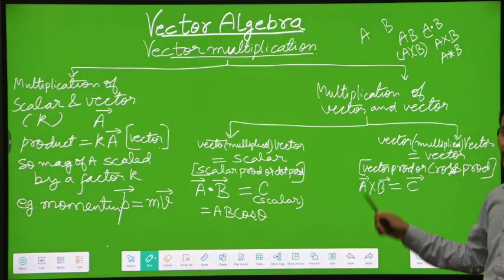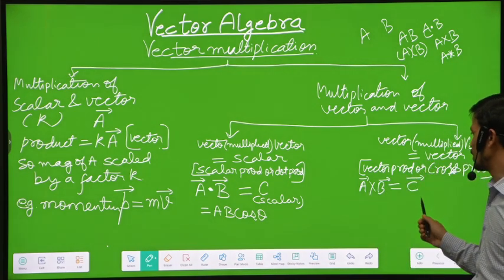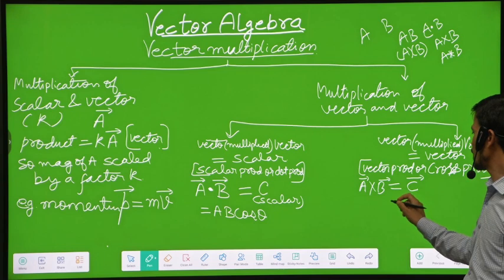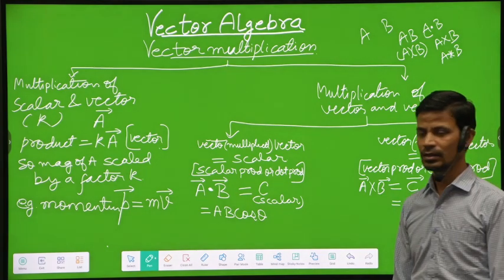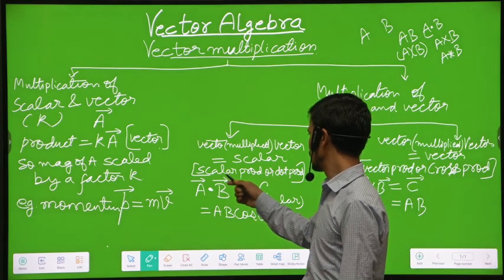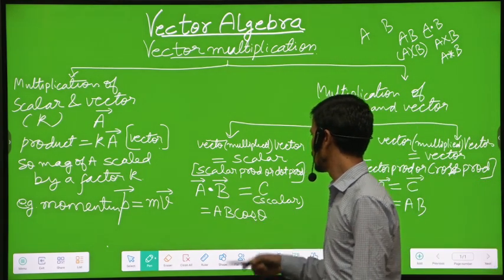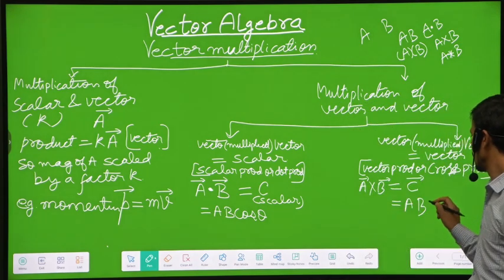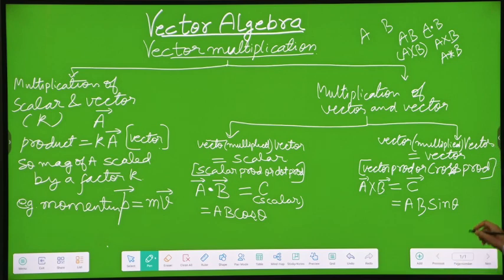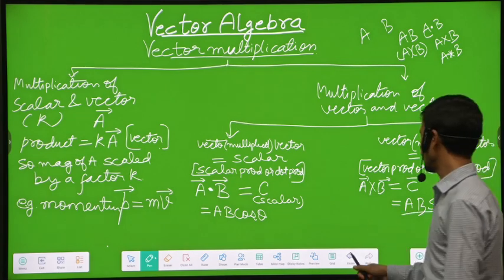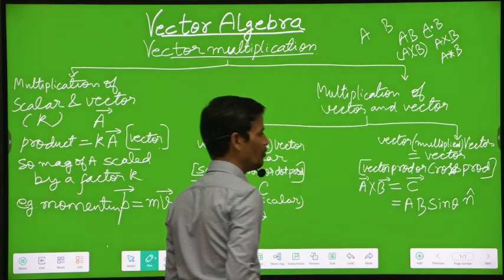Here end result is a vector, so its expansion will be A B same as that of scalar product, but there will be sine theta, and not only just sine theta but a unit vector also, so that this entire value becomes a vector quantity.